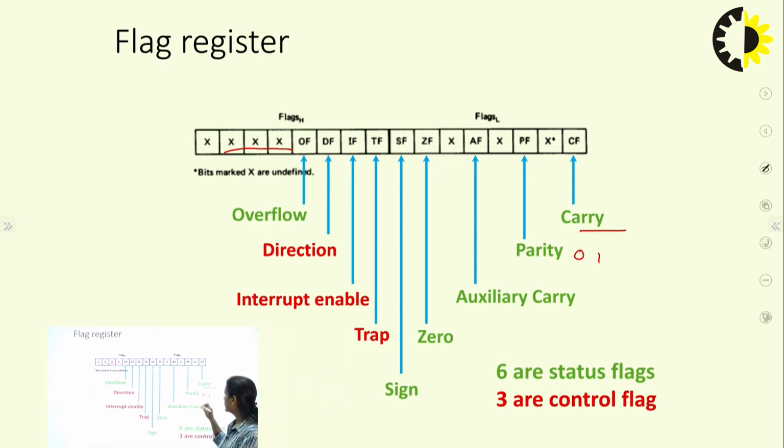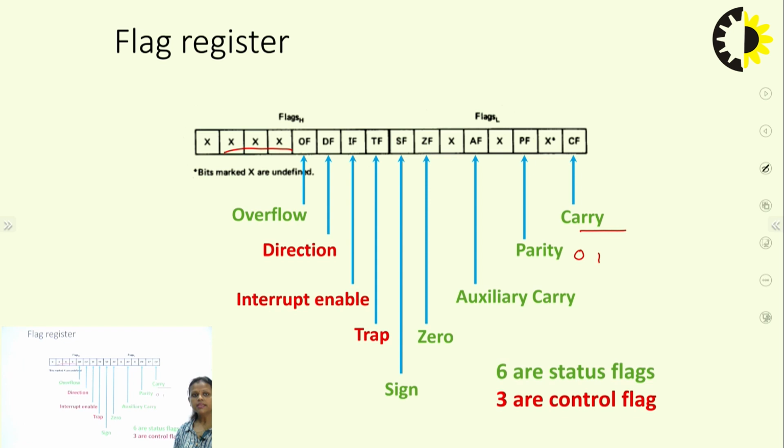It will be 1 for the even parity. Then auxiliary carry will be set when there is a carry from D3, like from the lower nibble to the higher nibble. Zero flag, if all the bits are 0, then this will be set. Sign flag, if it is negative, it will be set.